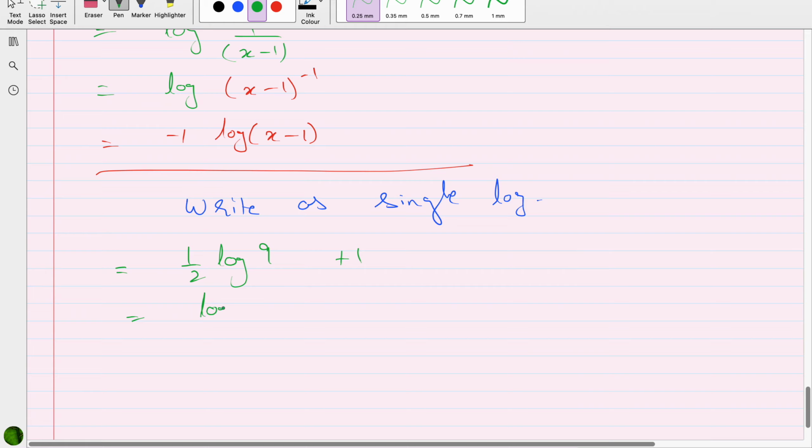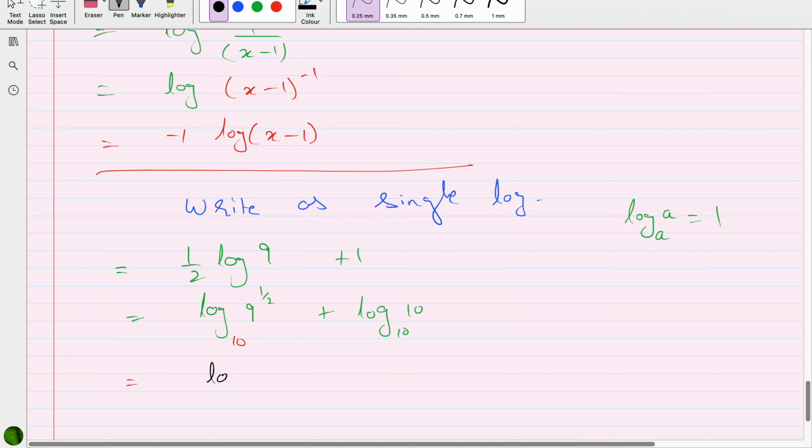I'm writing log of 9 to the power 1 by 2, and on the other side this is 1, and we know that log of a to base a is 1 when both are the same. So I'm writing log of 10 to base 10. Why am I writing this? Because I know on this side I also have base 10, so I can convert them into a single log.